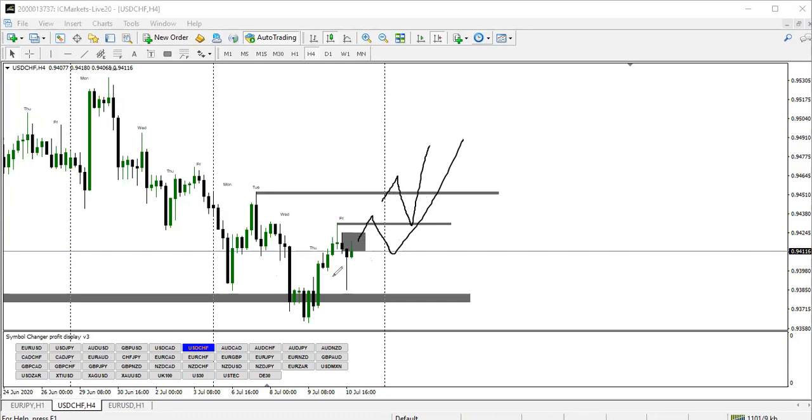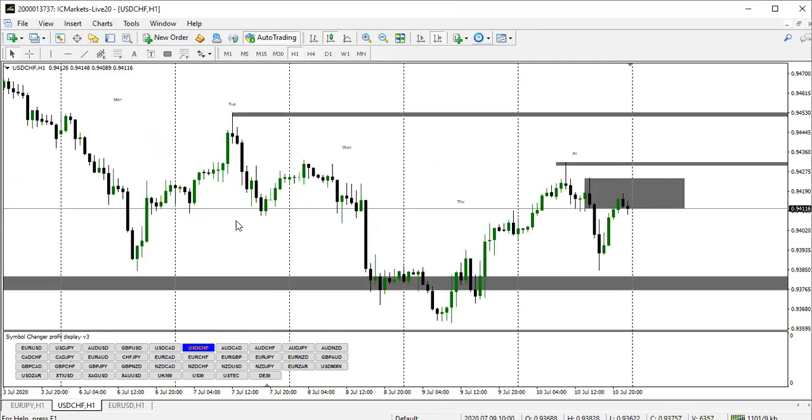If this market on 1 hour time frame, just like what we have here, did not get rejected here and drop, then this can really happen for us to have the direction at which we are going in this market.